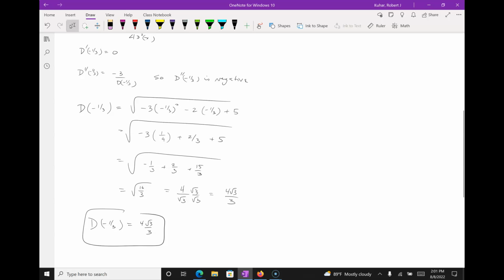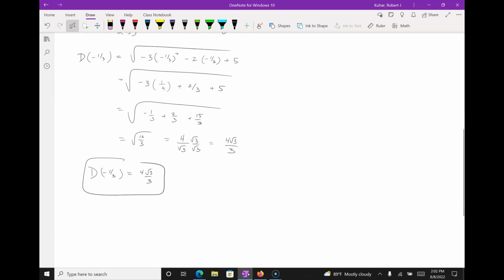So I found the second derivative was negative. I know the first derivative is 0. I know the distance exists, so the point on the curve exists, right? And all I have to do is find the point on the curve.